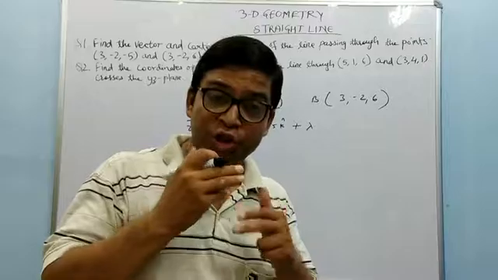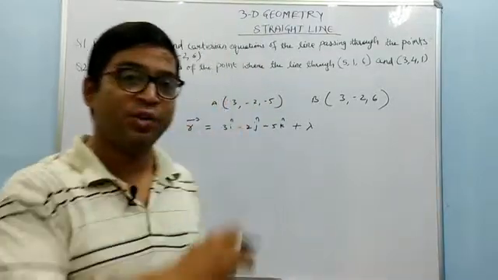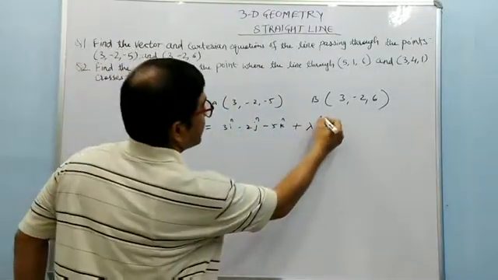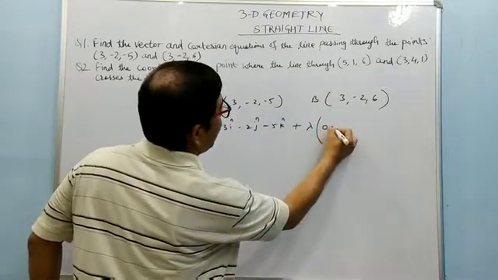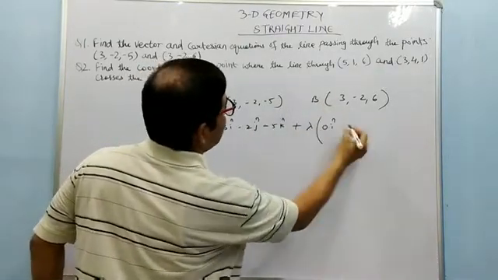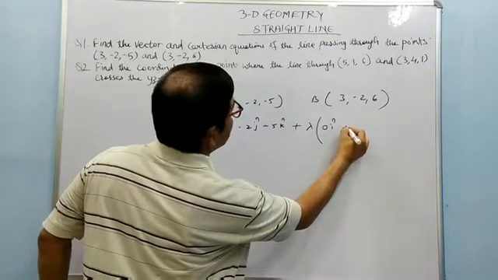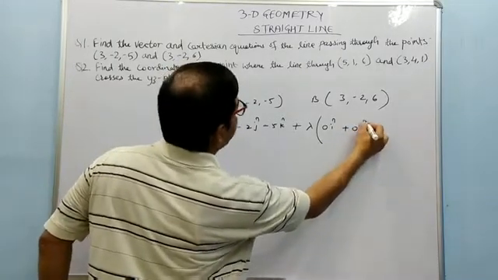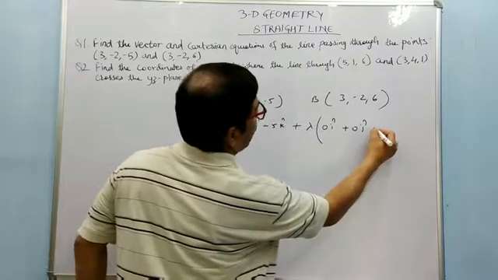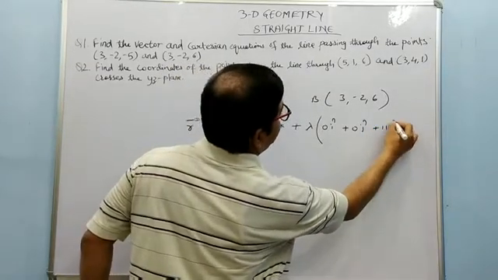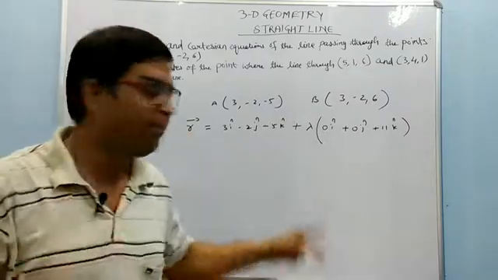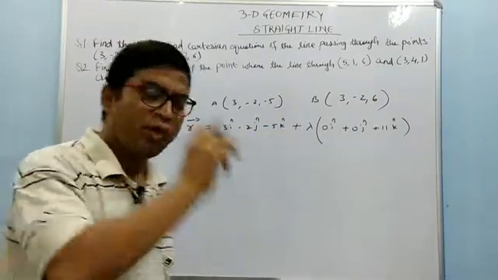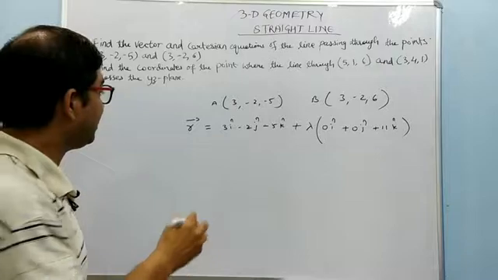What is that? Position vector of B minus position vector of A. So it is coming out to be 3 minus 3, 0 i cap, minus 2 minus 2, 0 j cap, 6 minus minus 5, 11 k cap. So this is the vector equation of a line passing through two points. Now we have to write the Cartesian equation.